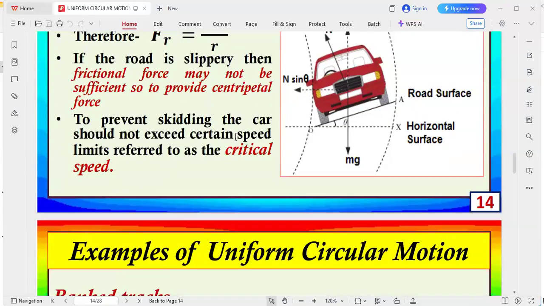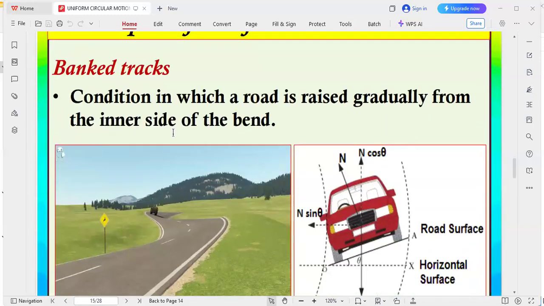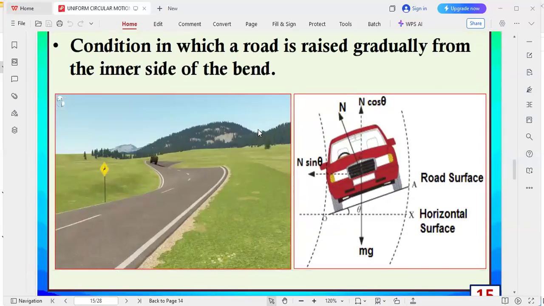So when we come here, the forces are the same. You can see the road very clearly banked here. Here it's banked on the left, and then here it's banked on the right. So you should know what is road banking: gradual raising of the road on one side so that it assumes a saucer-like shape.